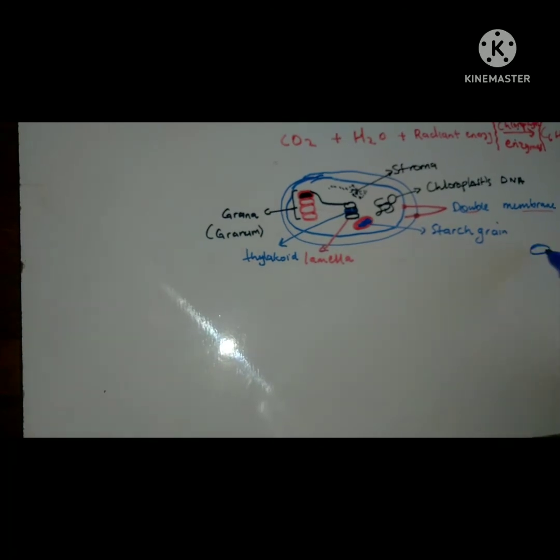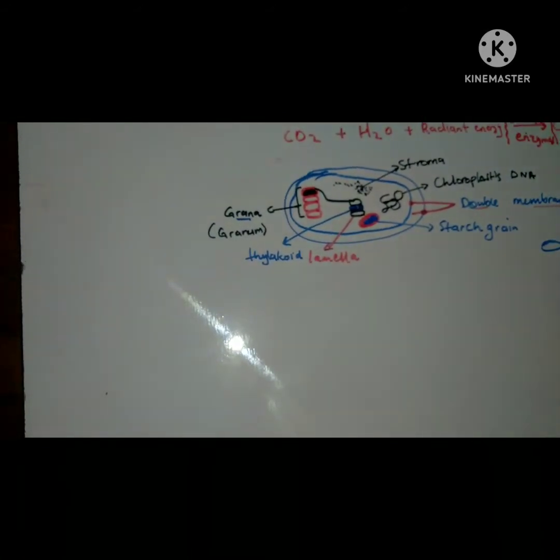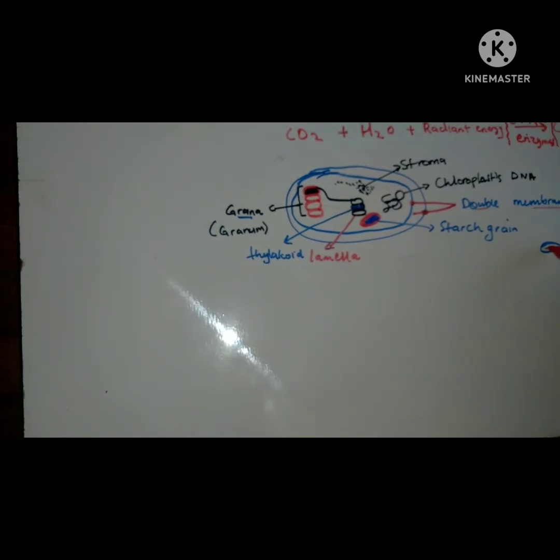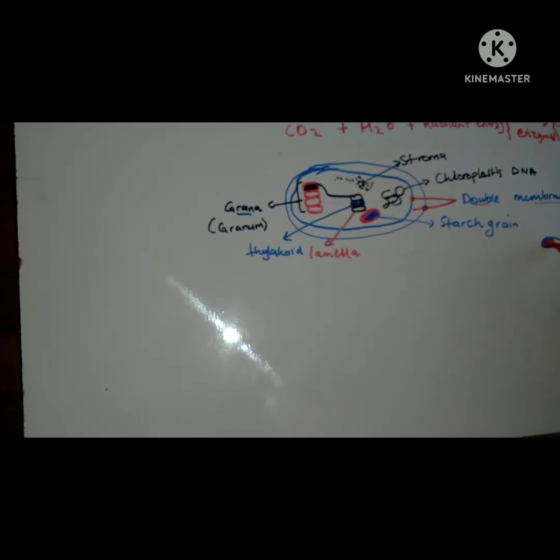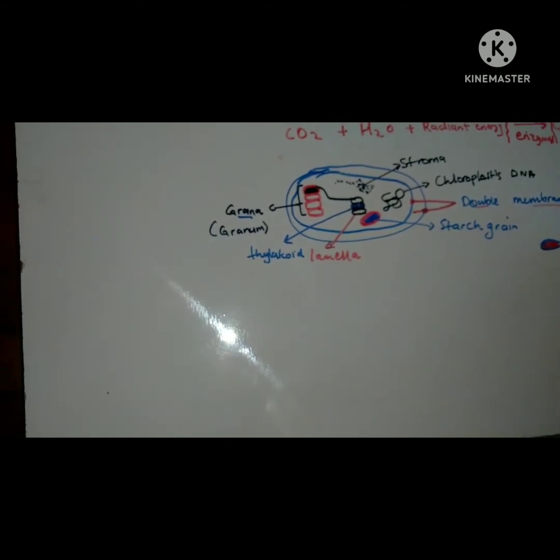So when there are many thylakoids, we call it grana. So basically, the thylakoid is this structure that contains what? Chlorophyll inside. So inside the thylakoid we find chlorophyll.